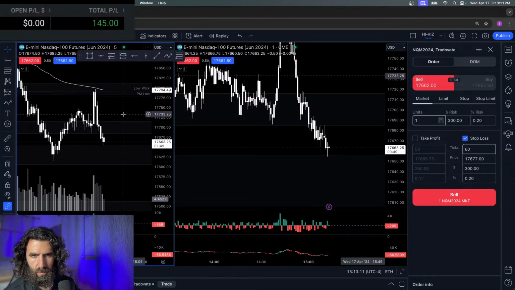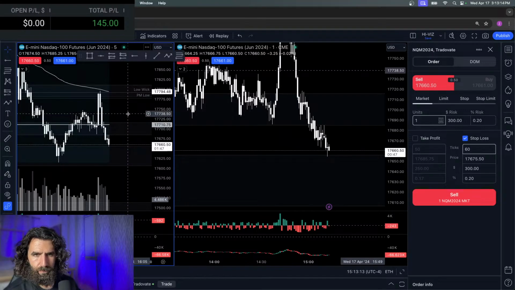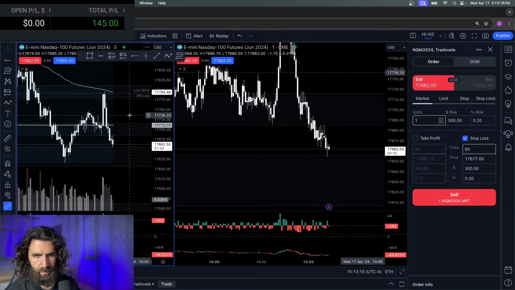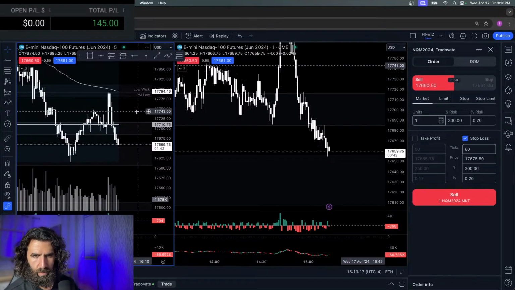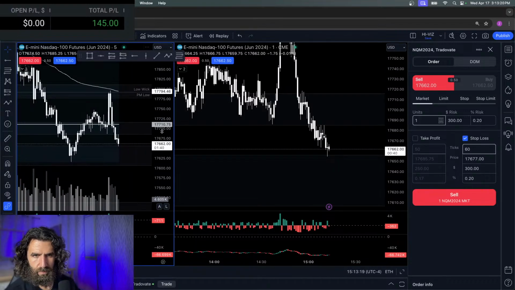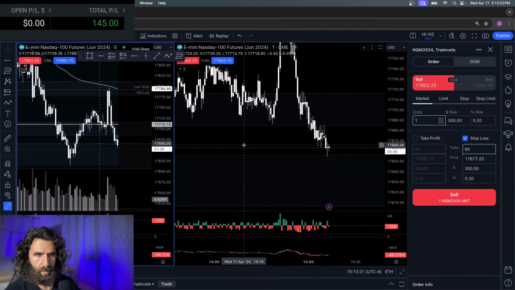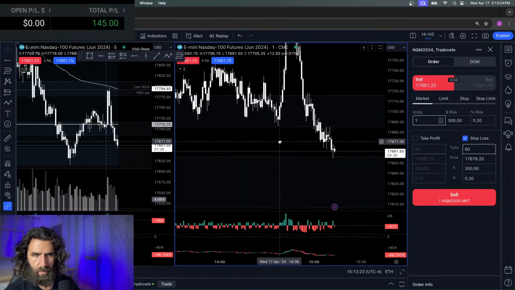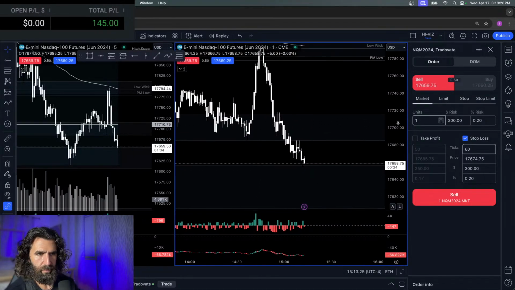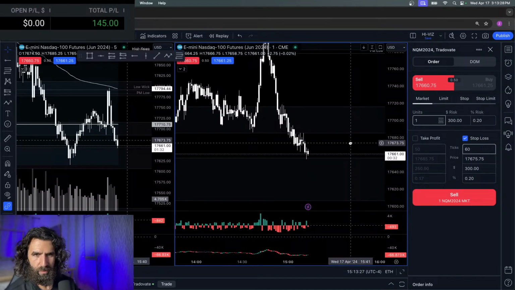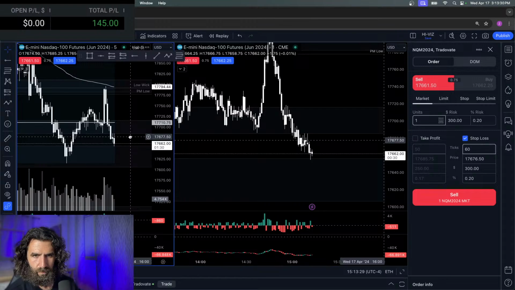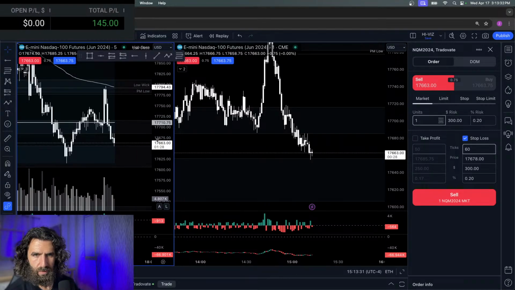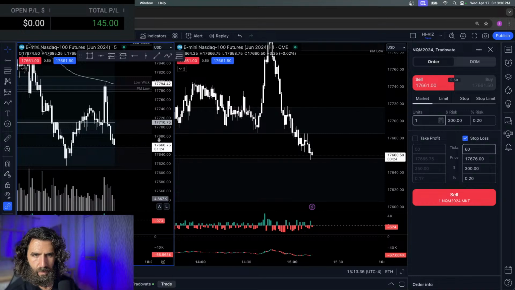Again, I pay attention to gaps and balances. I don't really like to use any ICT terms. I don't study ICT. I don't really know. I only watched a couple of clips of that dude yelling and made fun of it on memes. But whatever works for you. But market structure, price action, just the old school stuff is really what I like.